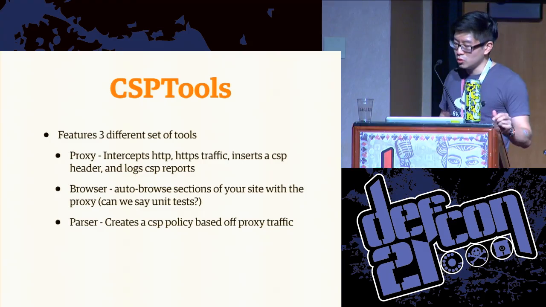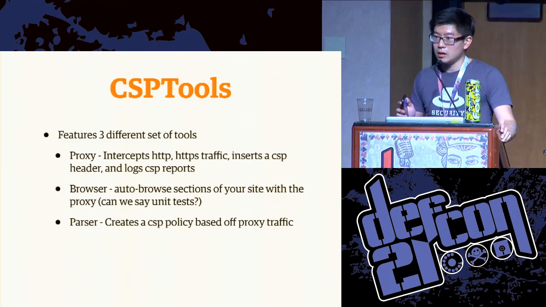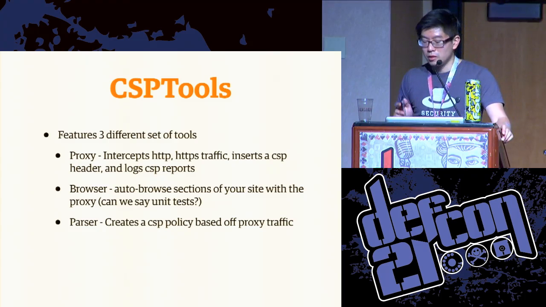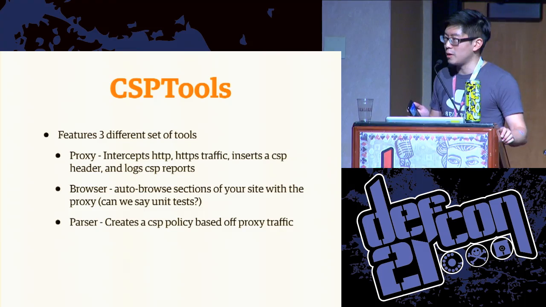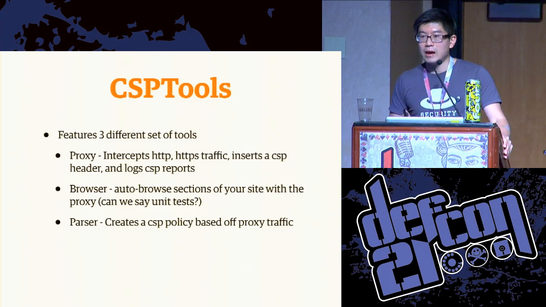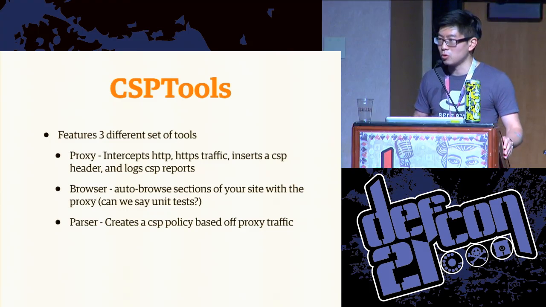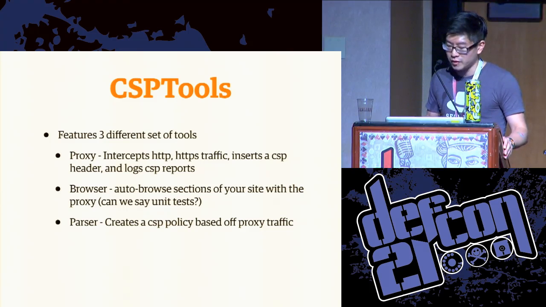So CSP Tools is essentially a set of 3 Python-based tools that do the following. The proxy tool is essentially a Python proxy written using libmproxy that intercepts all HTTP and HTTPS traffic. And what it will do if you connect to this proxy is it will dynamically insert a content security policy report-only header with the policy you've specified.